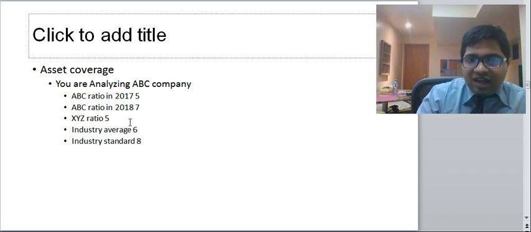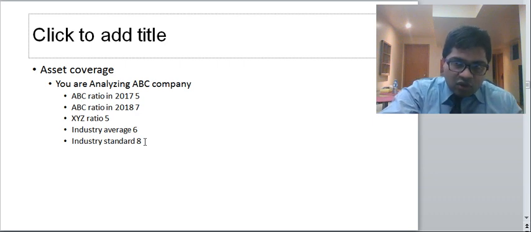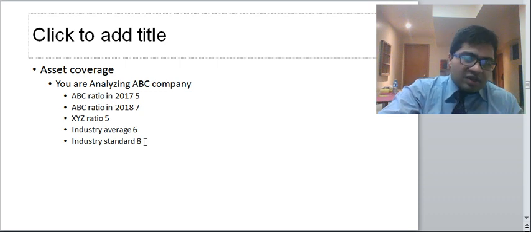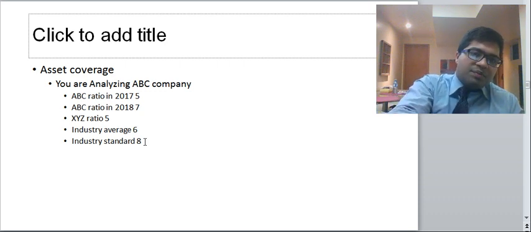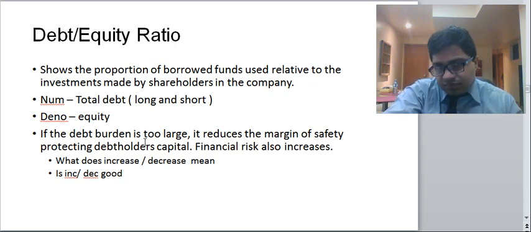So the industry average is lower than industry standard. So current year industry is not having much asset coverage. So either the entire industry has taken on more debt, or it has reduced its assets as compared to its past. But company ABC is performing better as compared to competitors and the industry.